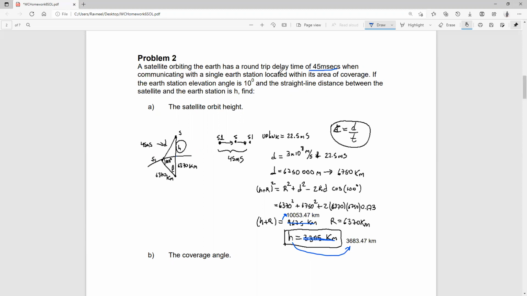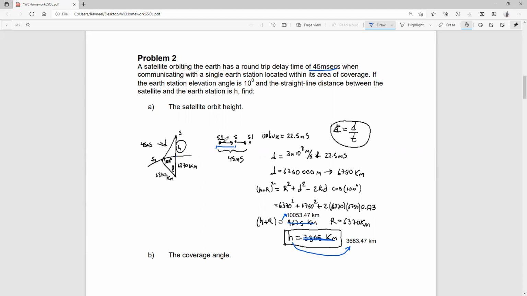So it says the round trip delay. Since we have one station, the message will be sent from this Earth station to the satellite, and then from the satellite back to this same Earth station, isn't it? So the total time for that is 45 milliseconds, right? It is the same distance being traveled in both paths, from S1 to S and back from S to S1, so the time will be equal since the distance is equal.